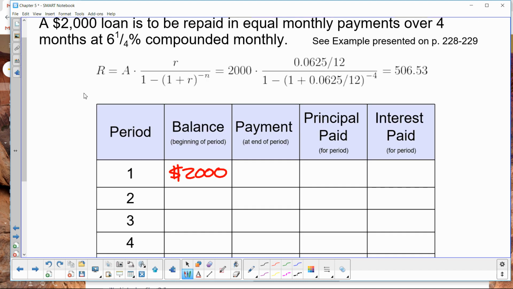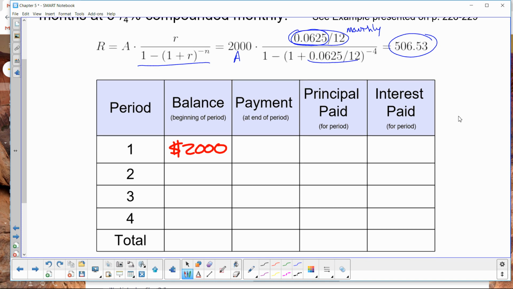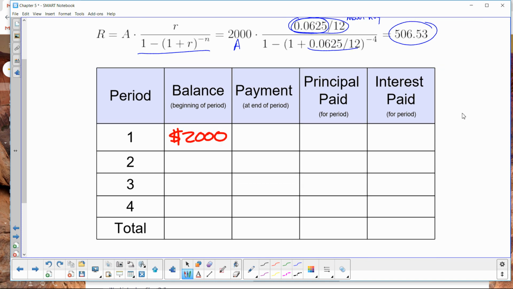Well, if we plug into the R formula, this is our monthly interest rate. We take the 6.25%, divide by 12. Same thing down here. We just plugged into this formula. 2,000 is our A, and we wind up with 506.53. So that's going to be your payment every month.